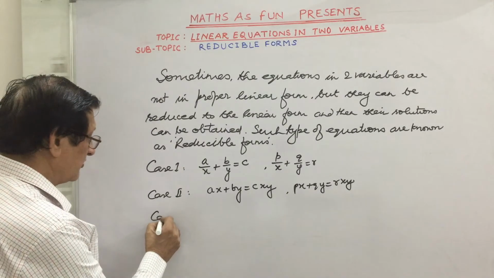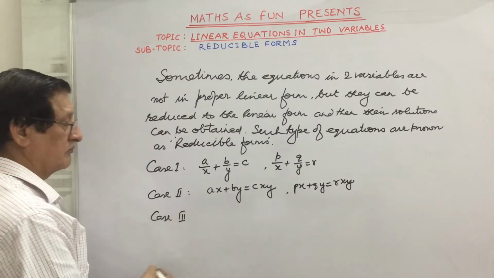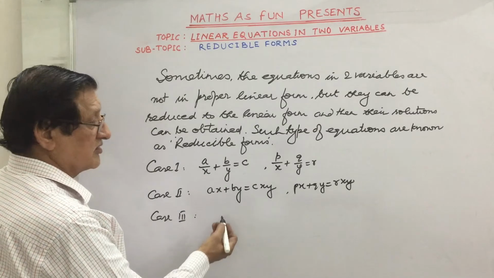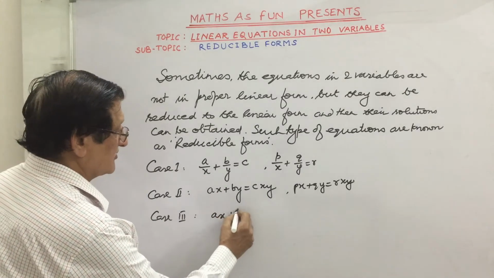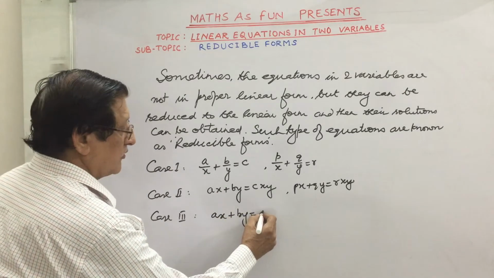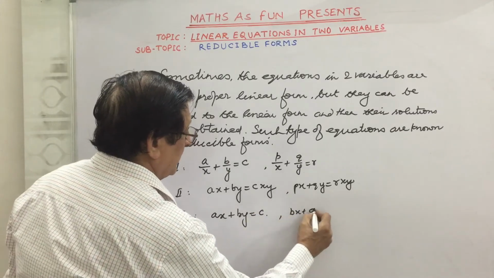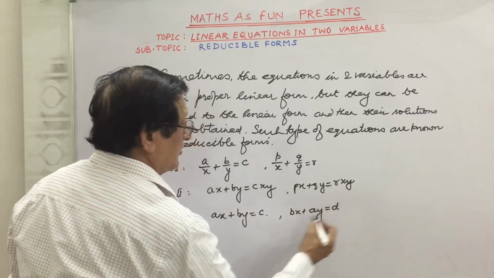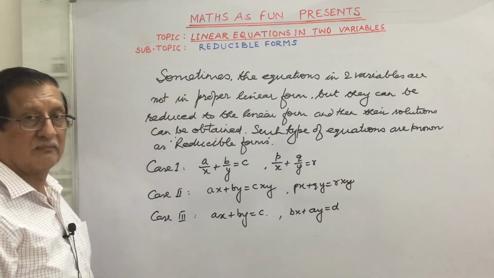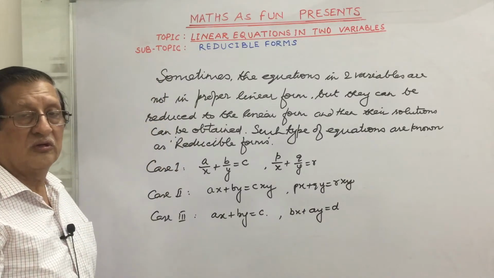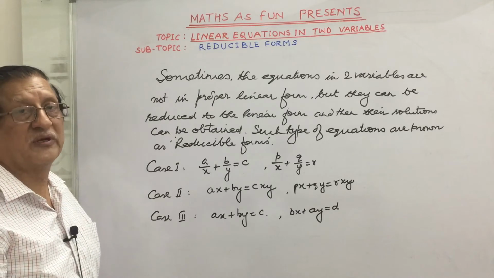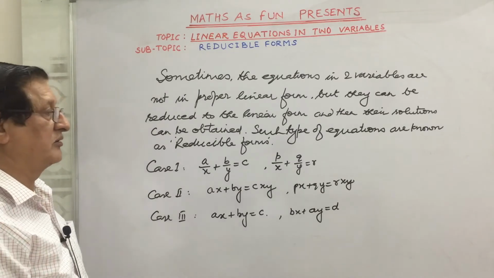And case 3 we are going to have when the equation is in the form ax plus by equal to c and bx plus ay equal to d. How we are going to reduce them into the linear form and find the solution, we will learn in this video.